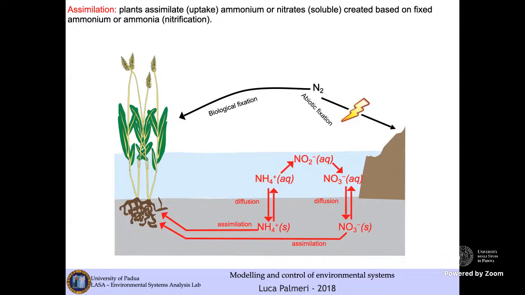Once biological fixation transfers nitrogen from the atmosphere onto the plants, a subsequent series of very complex biological processes takes place. In particular, in the water column, you have ammonia NH4, nitrate NO3, nitrite NO2. In this case, you have aqueous forms.